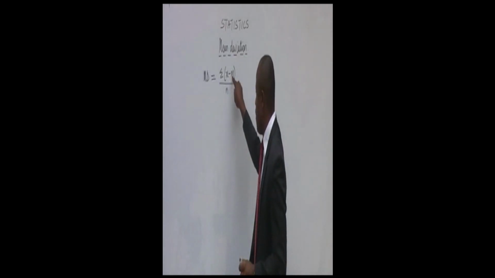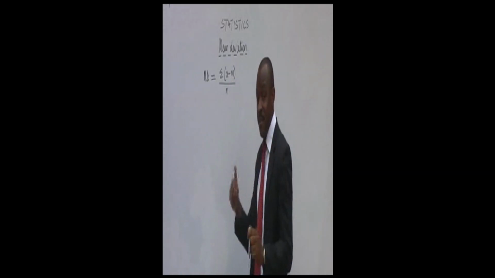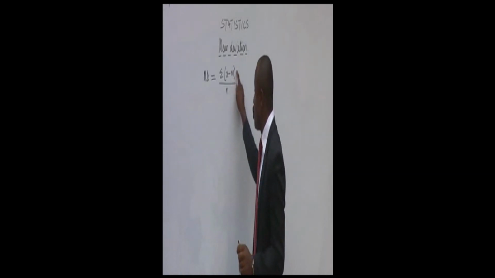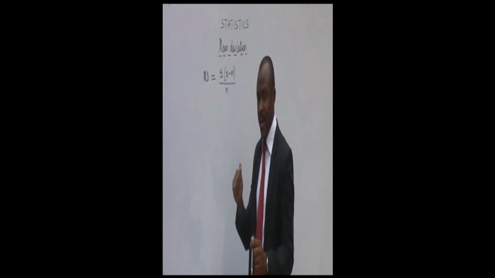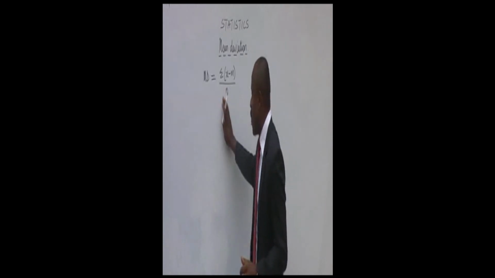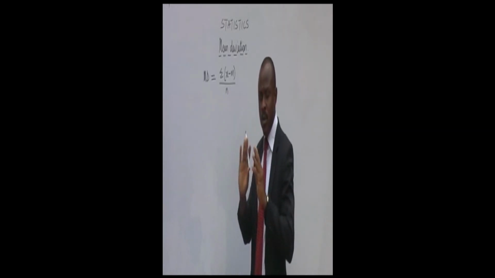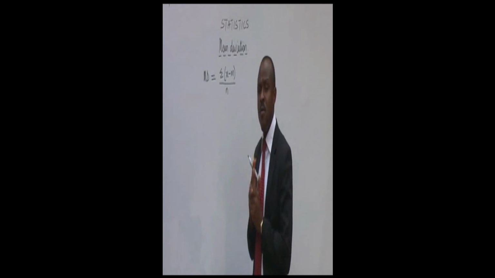X minus m means number minus the mean, which you know is the deviation. So in this case, you don't square it. Divided by the number of items in the distribution. That is for distributions that have no frequencies.